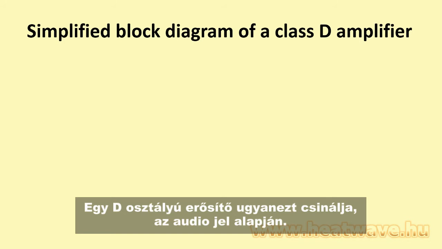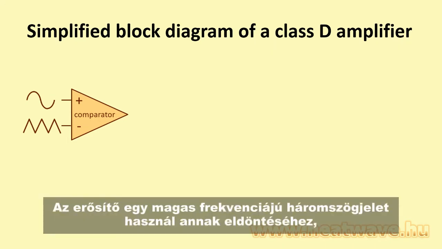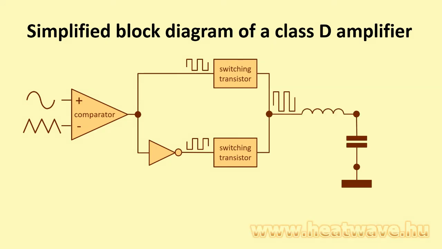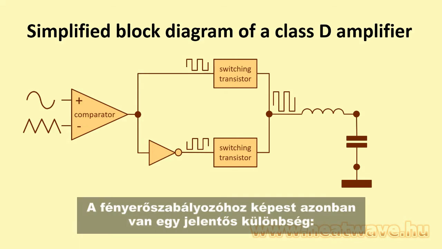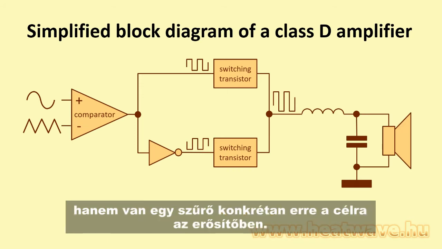A Class D amplifier does the same, based on the audio signal. The output is turned on and off very fast accordingly. The amp uses a very high frequency triangle signal to decide whether the output must be turned on or off at a given moment. Compared to a light dimmer, there is a significant difference though. It is not your ears that calculate the average, but there is an actual filter for this purpose in the amplifier.